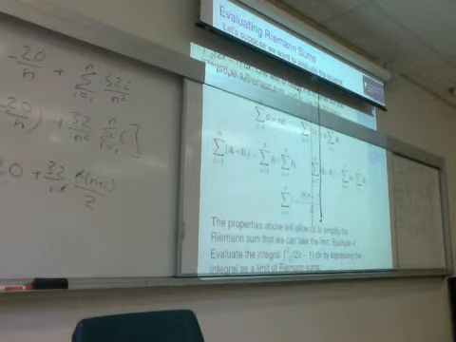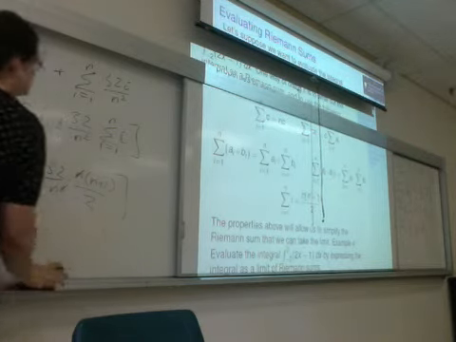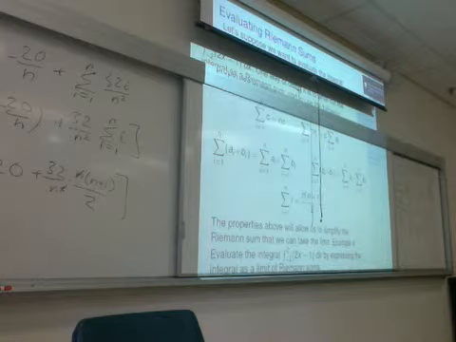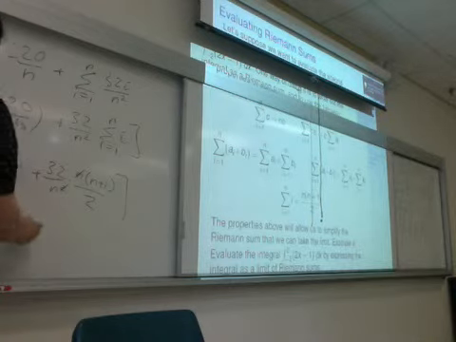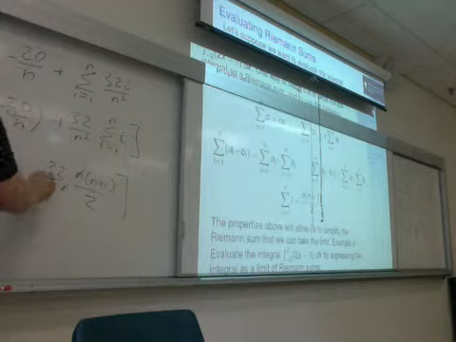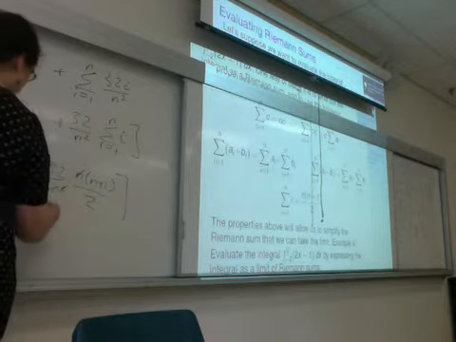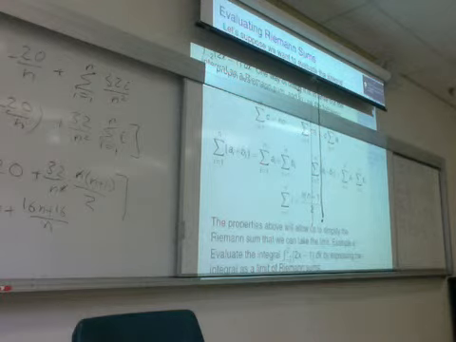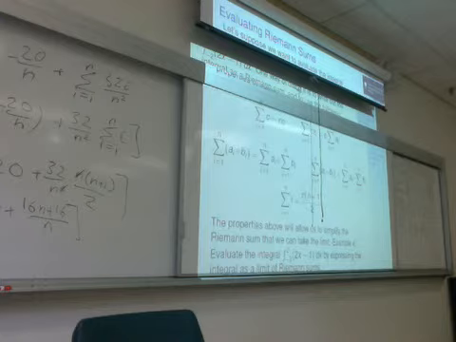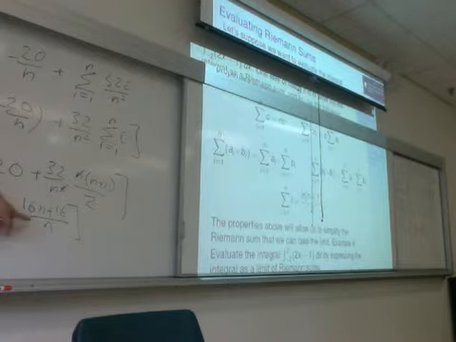The n's cancel. And so this becomes the limit as n goes to infinity of negative 20 plus 32 over 2, which is 16, and 16 times n plus 1 is 16n plus 16, all over n. Sorry, I skipped a couple steps going from here to here, I guess.